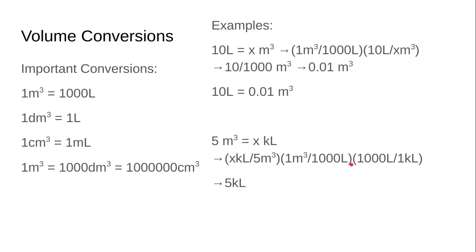This lets us cancel out the meters cubed. We also know that 1,000 liters equals 1 kiloliter. This lets us cancel out the liters as well as the 1,000. So this one, while you can plug it into your calculator, you should be able to do it mentally. This leaves us with 5 kiloliters, which makes sense considering that 1 meter cubed equals 1,000 liters, and 1,000 liters is a kiloliter.